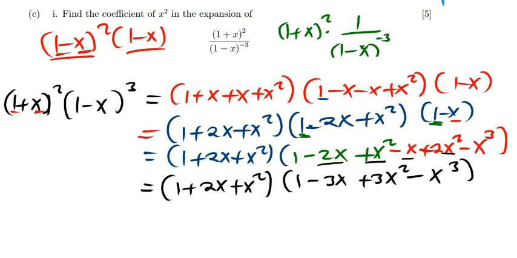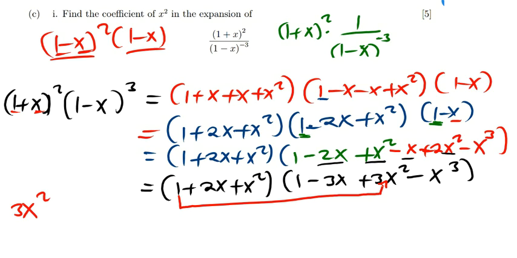So for the coefficient of x squared, you just check which numbers, when we multiply, will give us x squared. I'll start with this: if I multiply 1 with this, I'm going to get 3x squared, because we are only interested in x to the power 2.